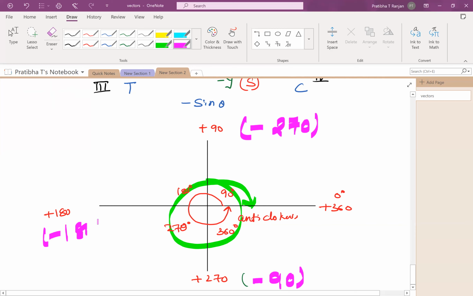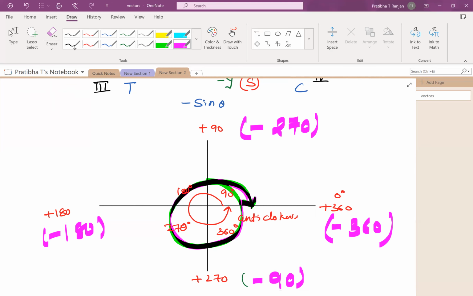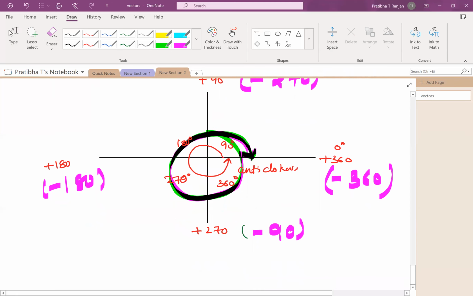This becomes negative 180 and this becomes negative 360 degree. So this is for the clockwise, when you are moving according to the clock. So whenever you are moving counterclockwise, you have to take the angle positive, and when you are moving clockwise, you have to take the angle negative.